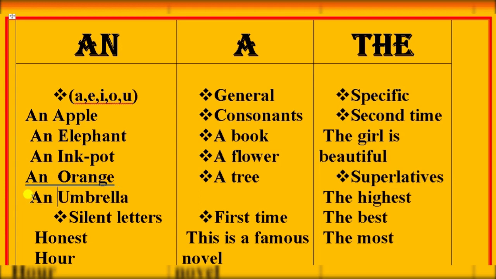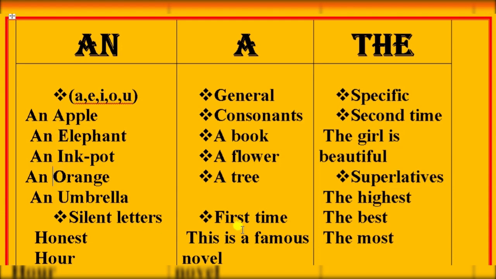An umbrella. Because these are all single nouns, right? You see the magic: an apple, A; an elephant, E; an ink pot, I; an orange, O; an umbrella, U. A, E, I, O, U.